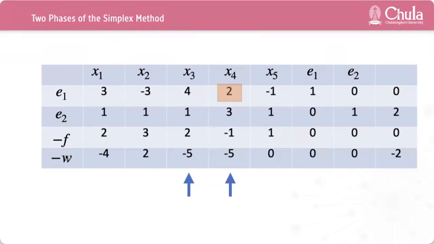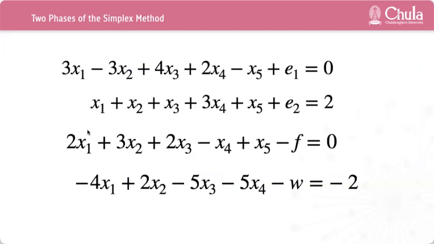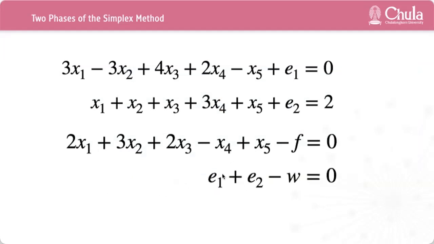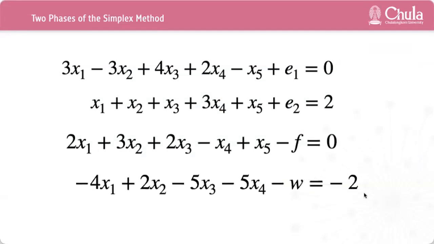Sorry, from the previous slide, you said that to get rid of E1 and E2, we subtract the third equation from the first and the second? Yeah, right. You start from this last equation, and then you subtract the first equation and the second equation from it, and you obtain this one.